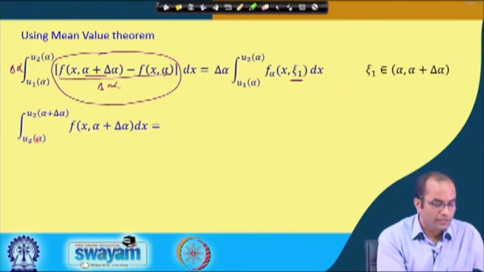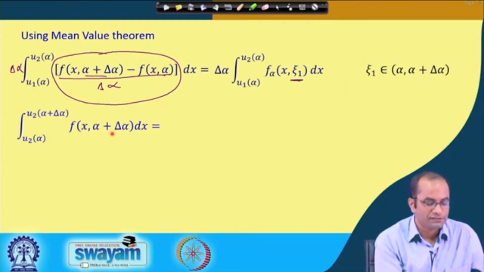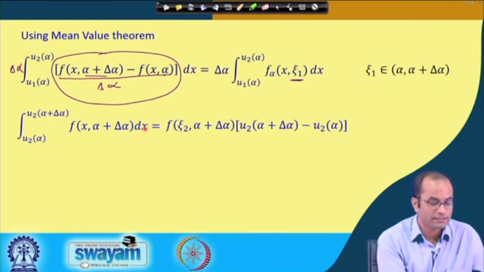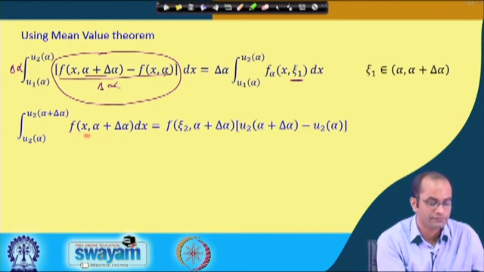So, with this now we have the second integral, which was u 2 alpha to u 2 alpha plus delta alpha f x, alpha plus delta alpha dx, and now we will use again the mean value theorem from integral calculus. Because the integral is over x, alpha plus delta alpha is like a constant in this reference.